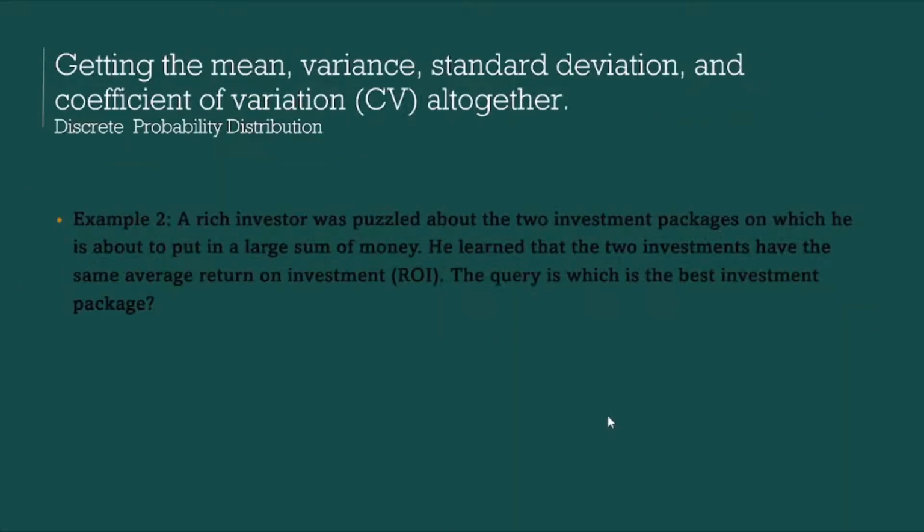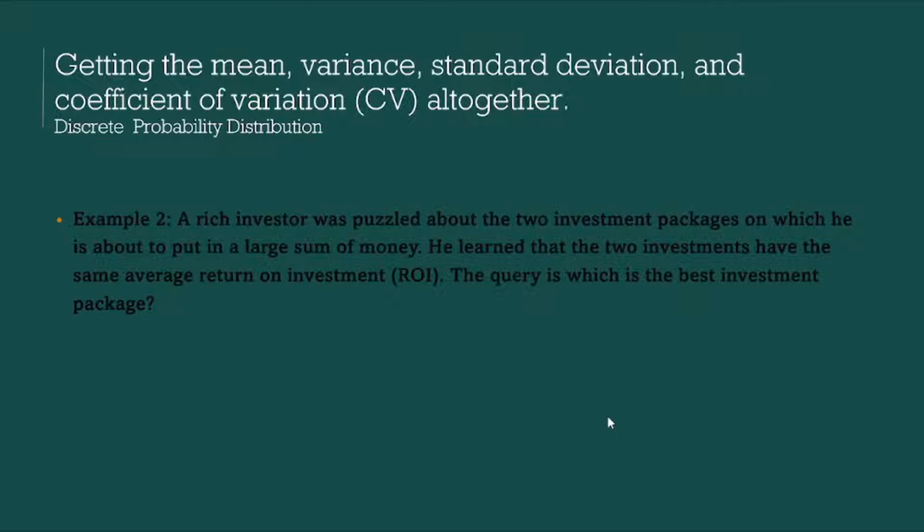Now, getting the mean, the variance, standard deviation, and the coefficient of variation, or CV, altogether. Now you might be thinking, what is coefficient of variation? The coefficient of variation is like the percentage of variability of the mean.